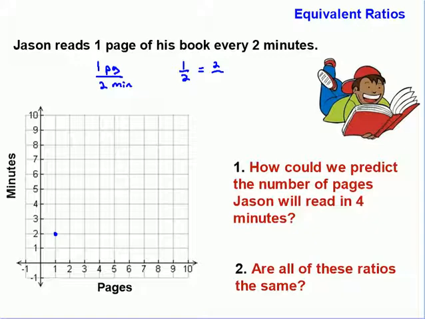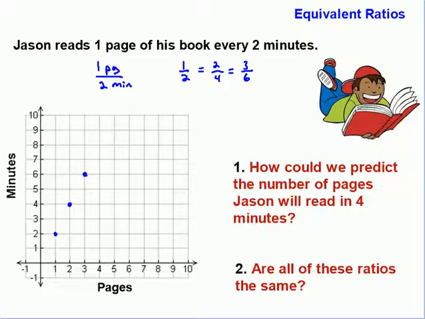So we'll say 2 over 4 here. 2 pages took 4 minutes. And let's think about it again. If it takes him 2 minutes to read every one page, then if he reads 3 pages, it would take him about 3 times that amount of time, which would be 6. So 3/6. So we'll go over here to 3, and it takes him about 6 minutes.